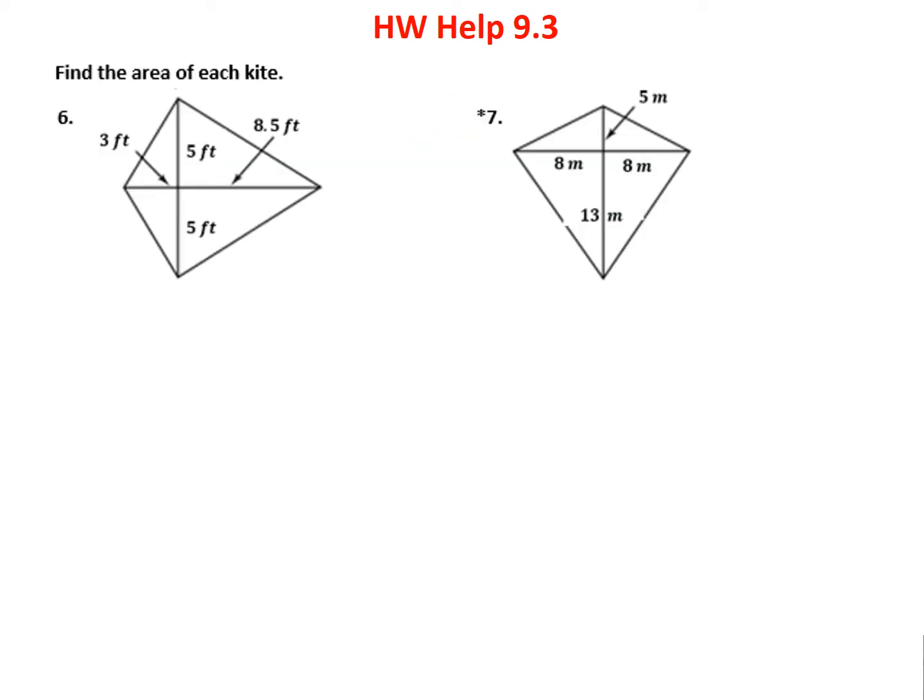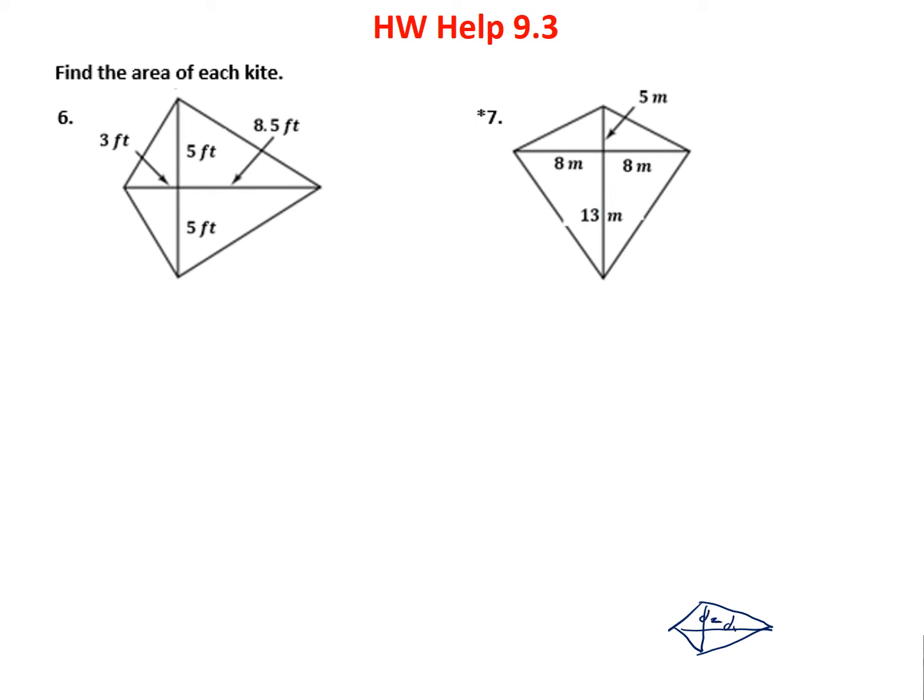Problem 6 and 7 asks us to find the area of a kite. Remember that the area of a kite, if you form a kite, and these are the diagonals. Notice this is diagonal 1. This is diagonal 2.